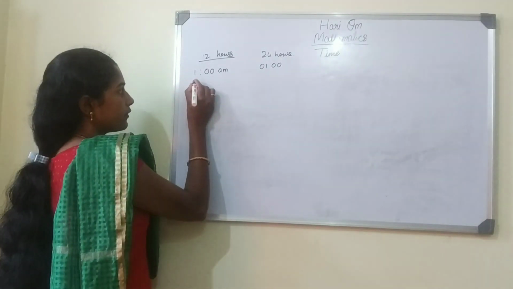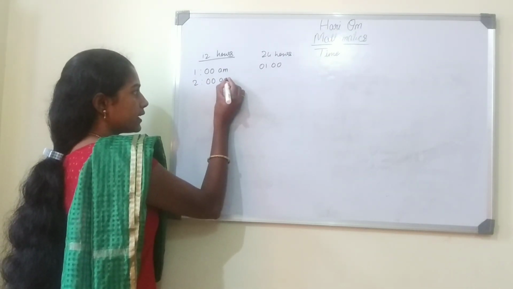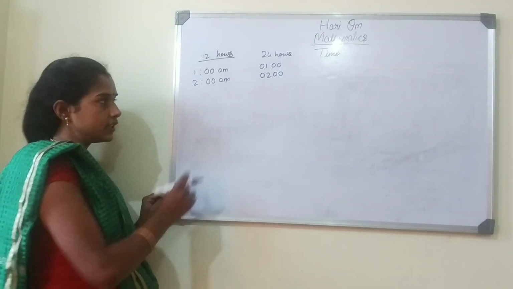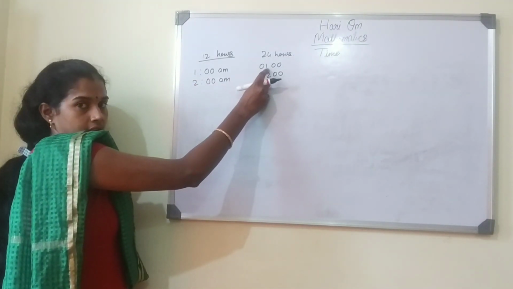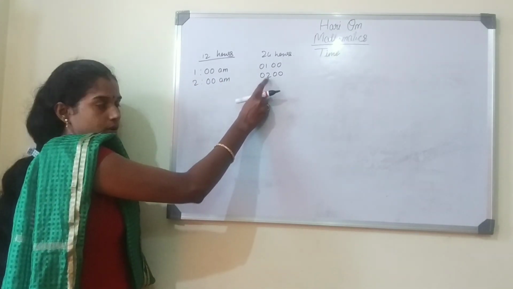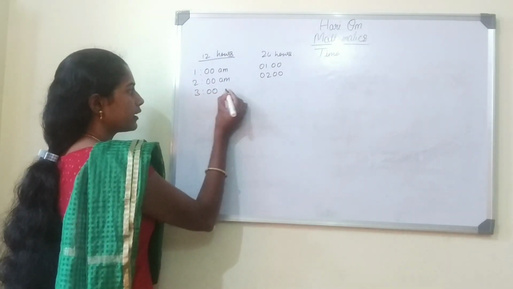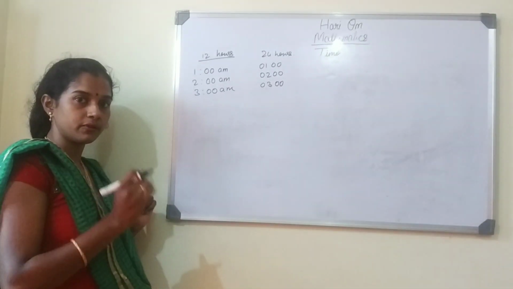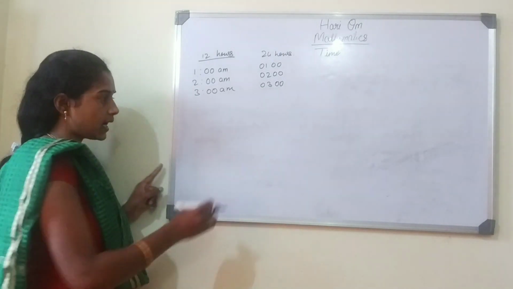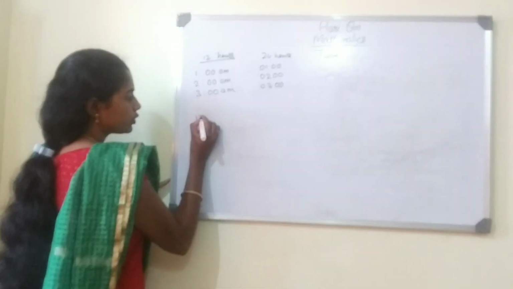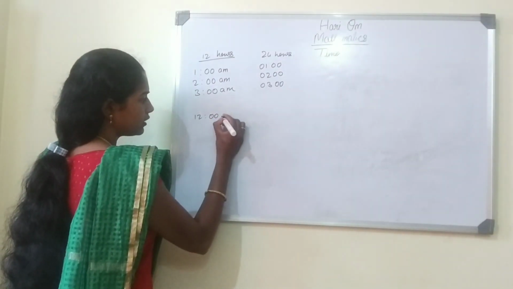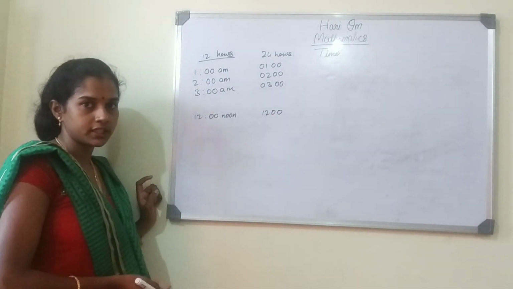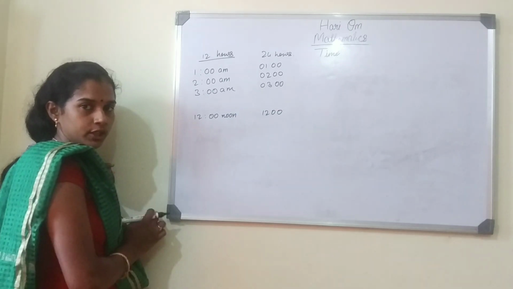If it is 2 a.m., it will be 2 hours, 02. So 1 o'clock a.m. will be 1 hour. 2 o'clock a.m. will be 2 hours, and 3 o'clock a.m. will be 3 hours. 4 o'clock a.m. will be 4 hours. 5 o'clock a.m. will be 5 hours, and there will be no change till 12 noon. It will be 12 hours. Okay, children? 12 noon will be 12 hours.